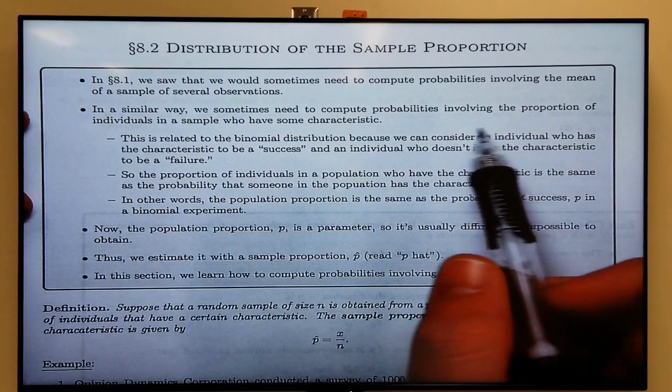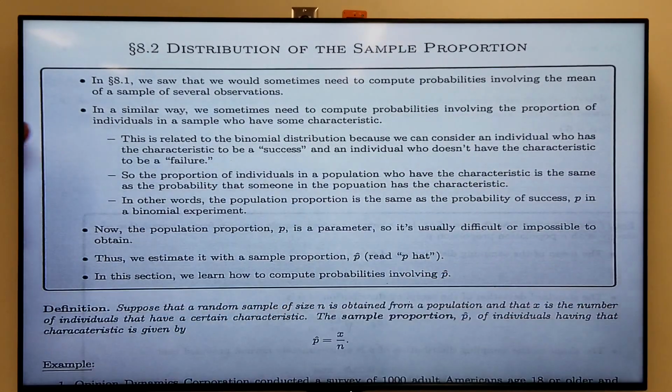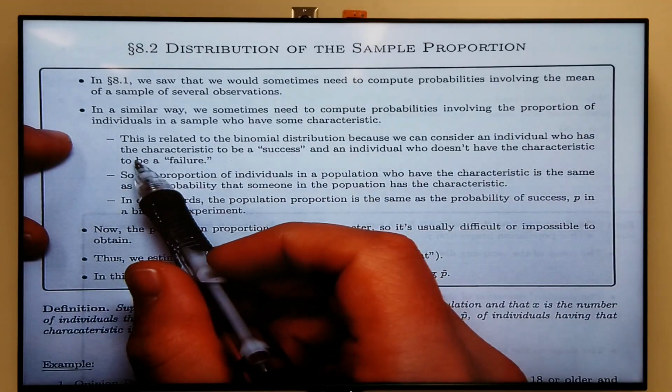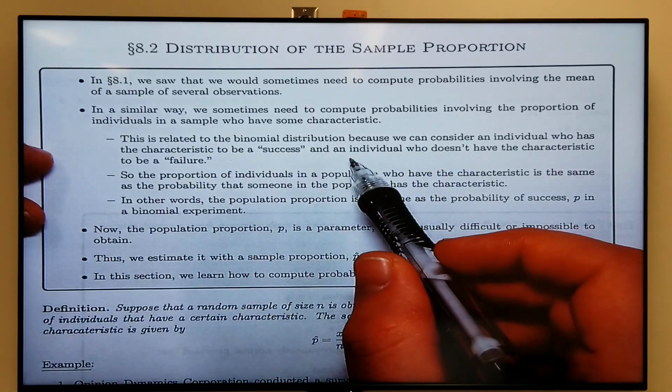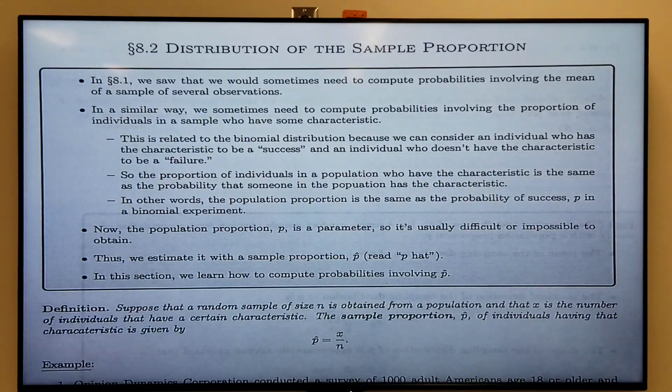First of all, proportions and sample proportions are related to binomial distributions, because we can consider an individual who has some characteristic to be a success and an individual who doesn't have that characteristic to be a failure, right? So it's a binomial type of situation. They either have the characteristic in question or they don't.